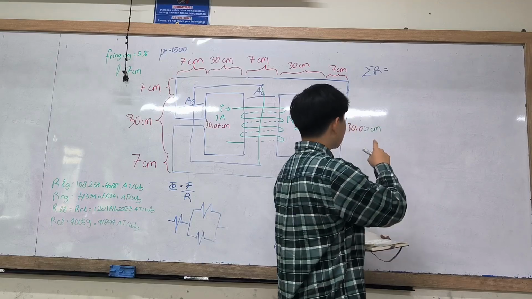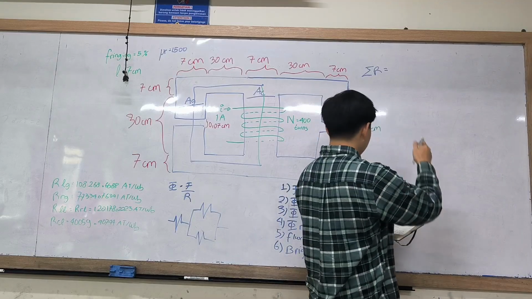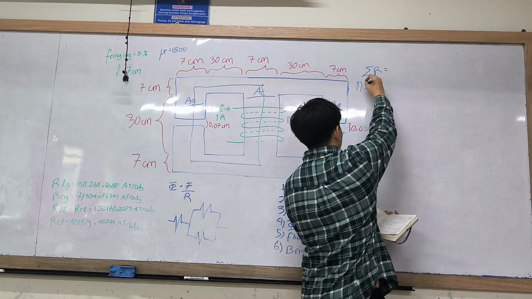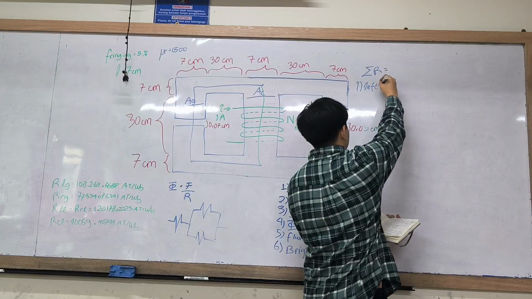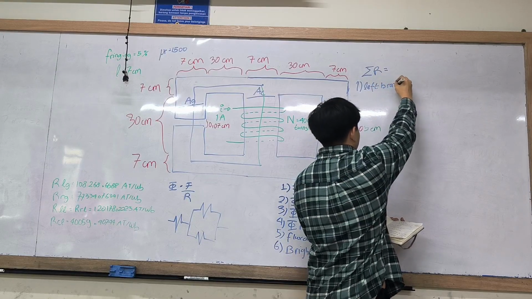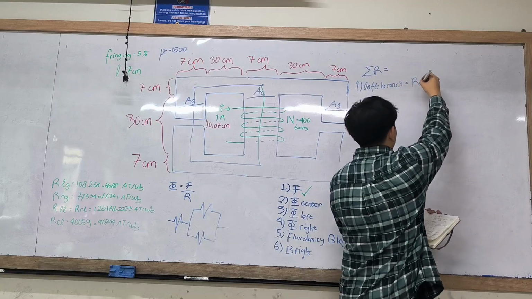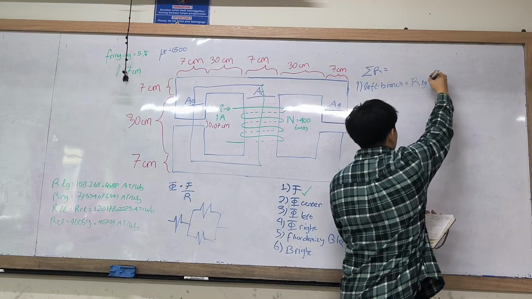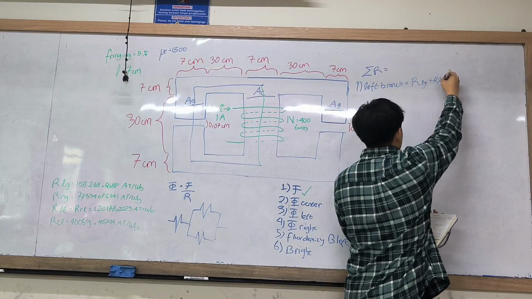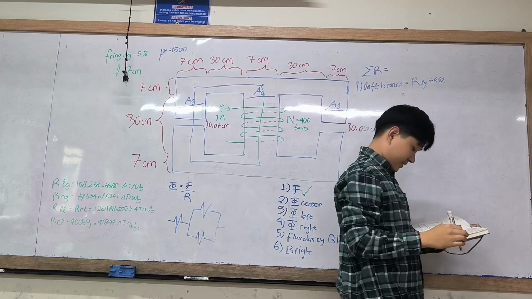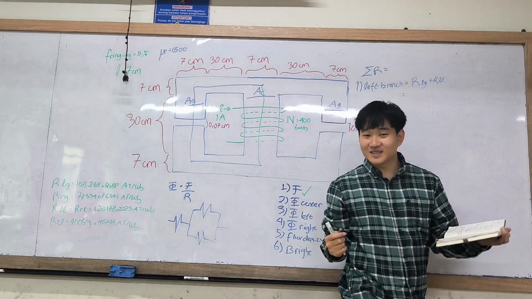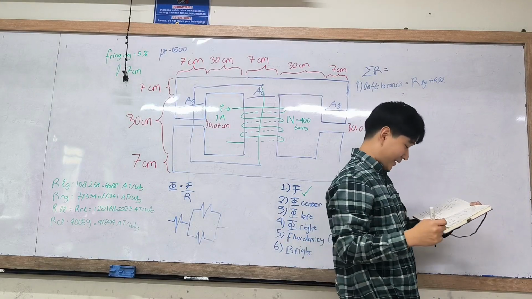For the total reluctance, first we have to find the left branch. It will be equal to the reluctance of the left gap plus the reluctance of the left leg. And I will skip writing all the numbers because it can be time consuming.